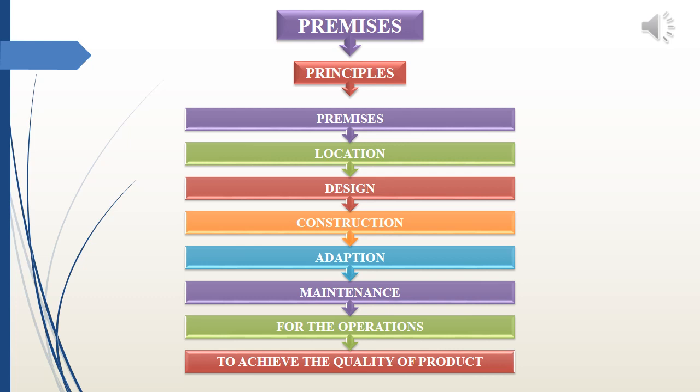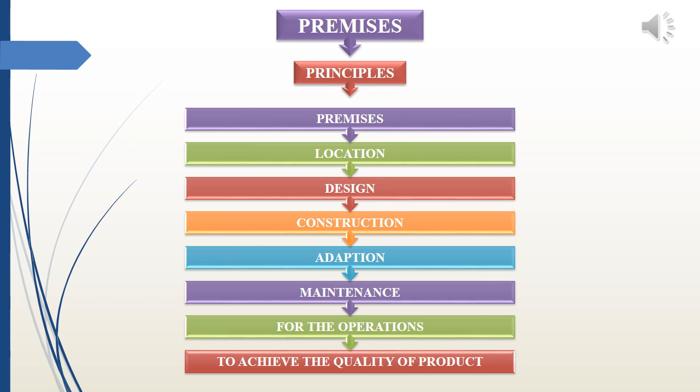What are the parameters to be considered under premises? Its location, design, construction, adoption and maintenance for all operations under a pharmaceutical industry to achieve the product quality.